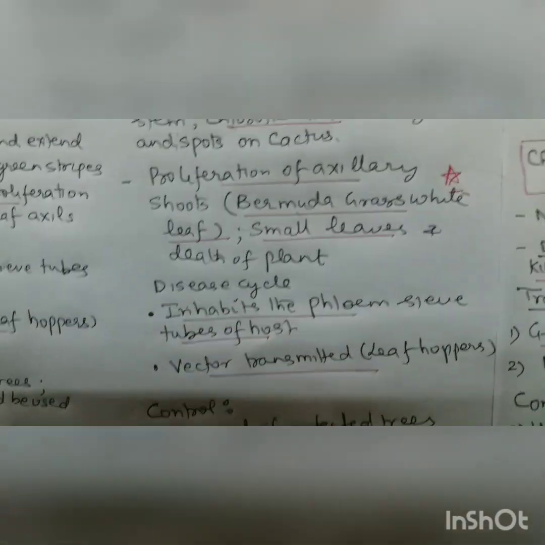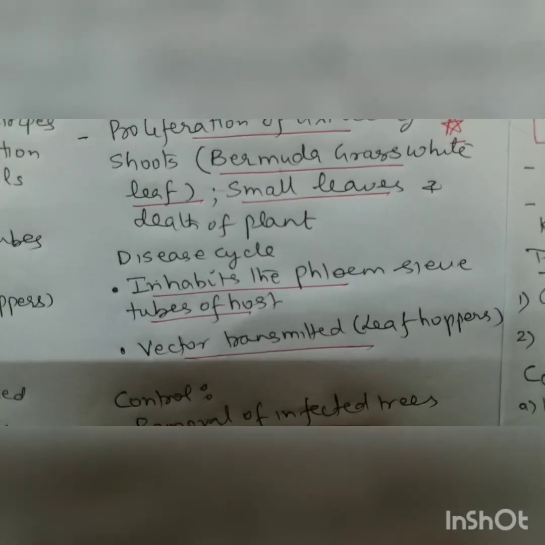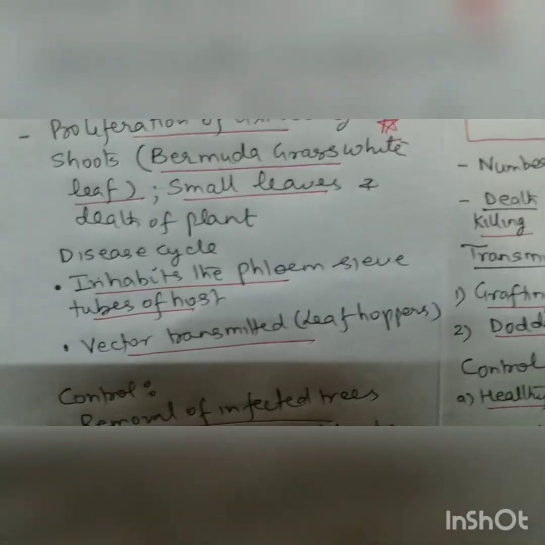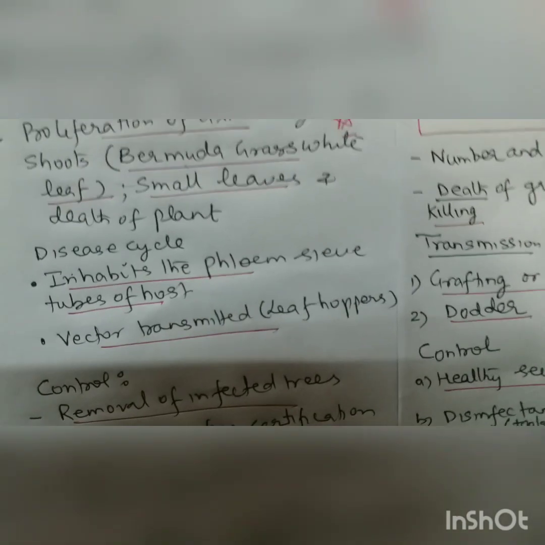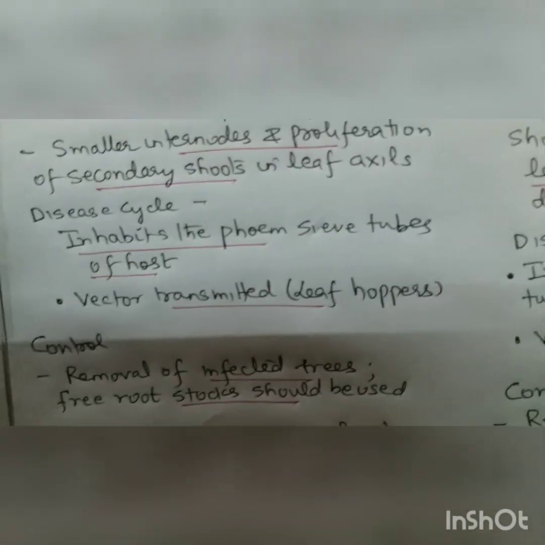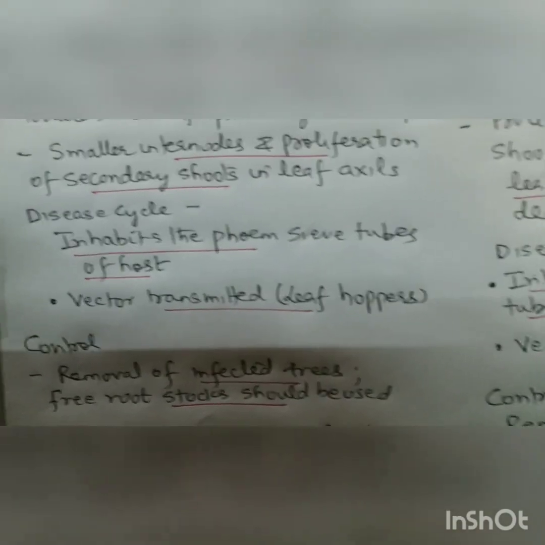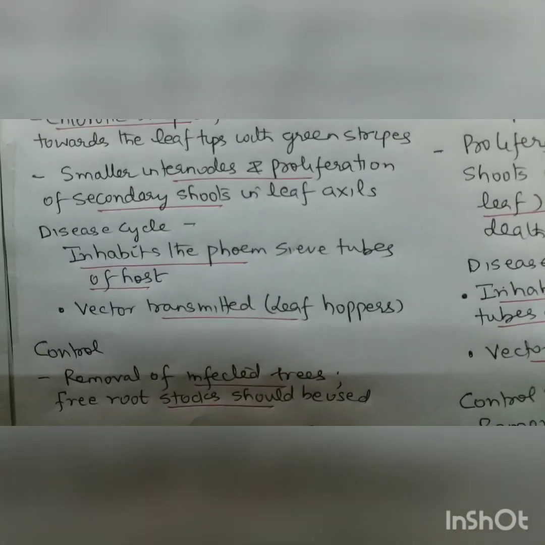The disease cycle: it inhabits the phloem sieve tubes of the host, and the vector is transmitted by leafhoppers. So here also it inhabits the phloem, and the disease cycle is the same. That's why I have not taken it earlier.